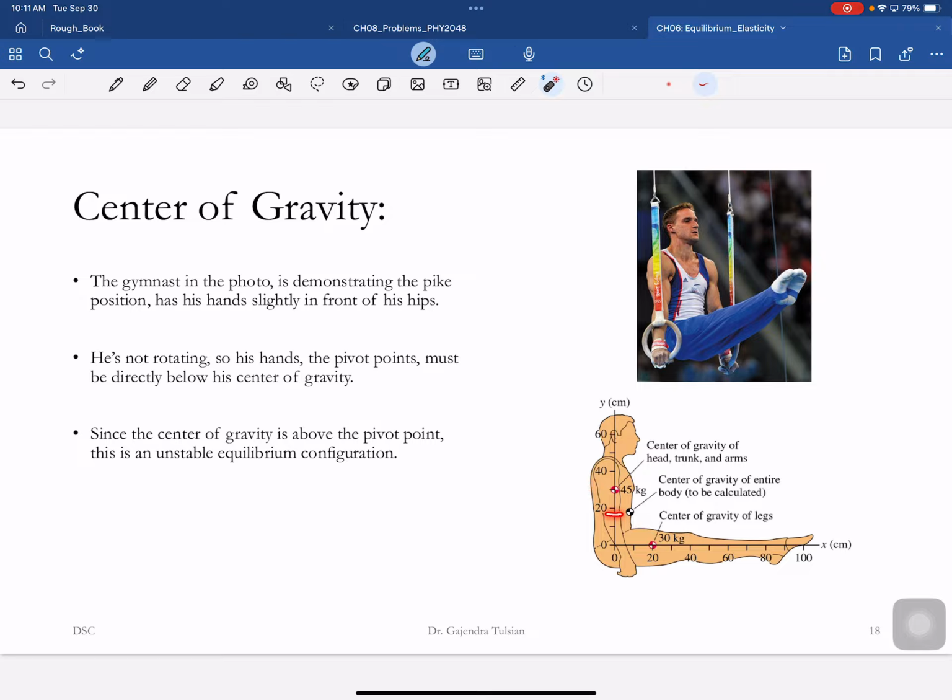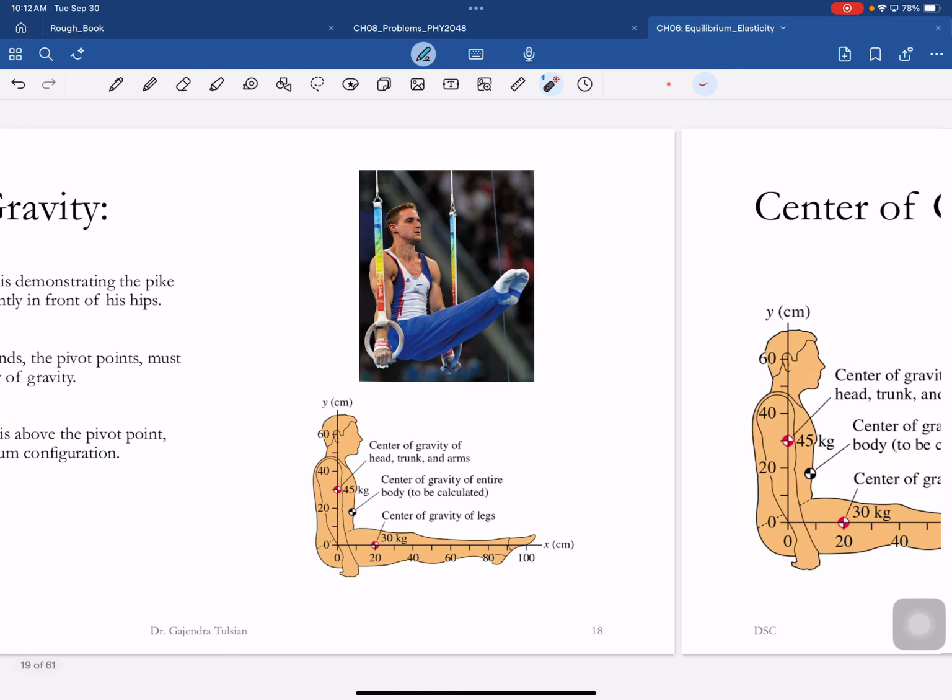Then the center of gravity would come back, and he would have to pull the ring back. So the way he's balancing is by moving his hands. And if his legs come down, then the center of gravity will go back, and he'll have to move his hands back again. Since the center of gravity is above the pivot point, this is an unstable equilibrium configuration.